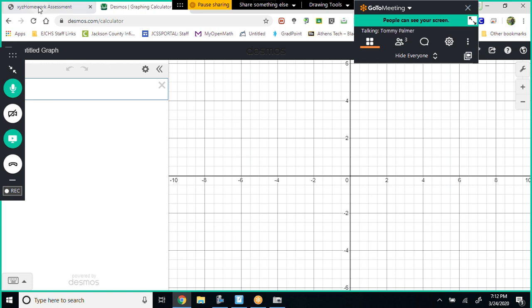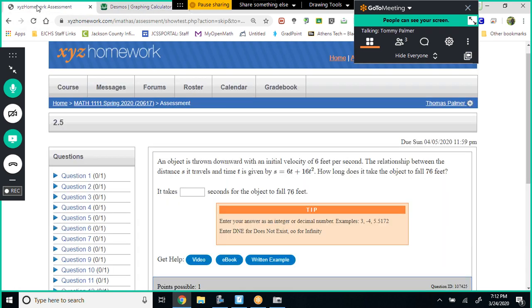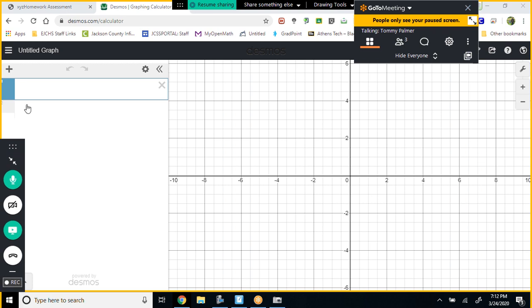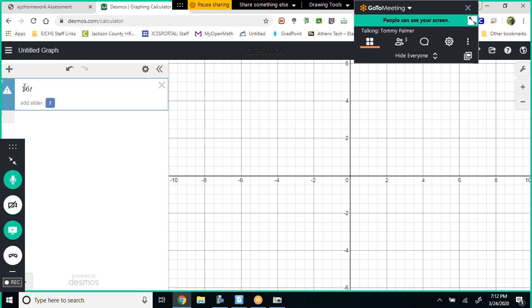Let me get to that problem again. Okay, it's 16t squared plus 6t. Let me move this. I'm gonna type it in: 16, p caret, top, squared, and then arrow over, plus 6t.